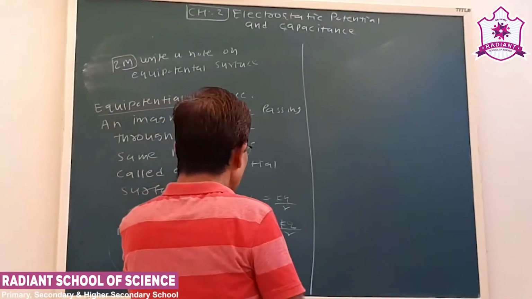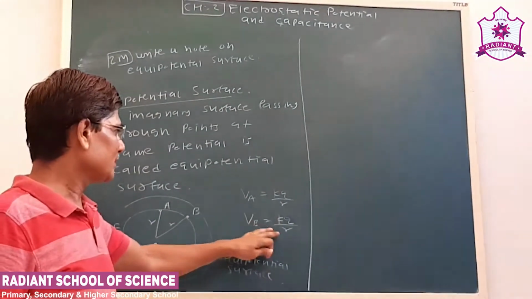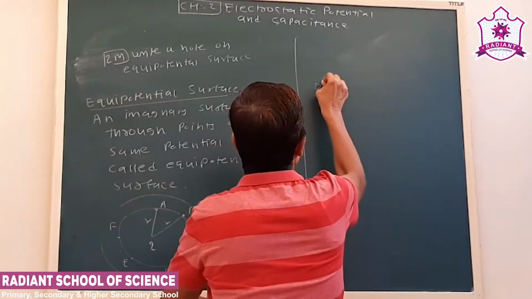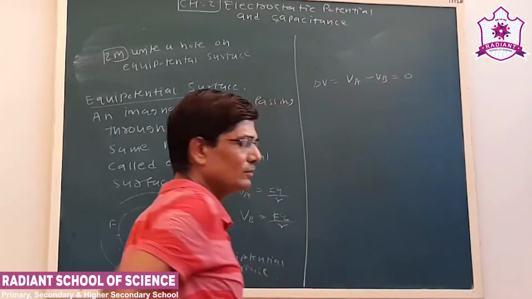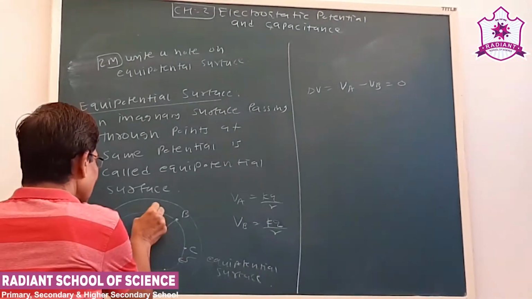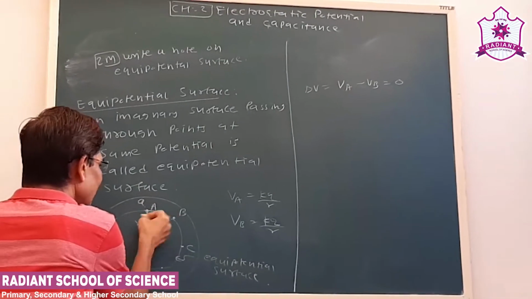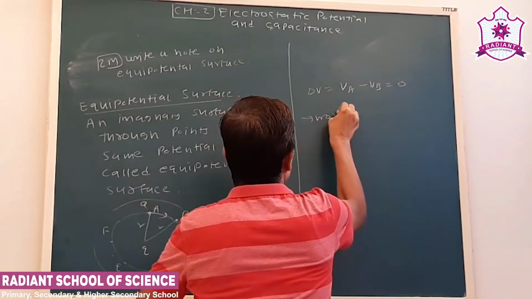Now see here what we have seen. VA is KQ by R, VB is KQ by R. So if I find delta V, that is VA minus VB, it will be 0. Now suppose we have to move Q charge on an equipotential surface, then work done can be calculated like this.